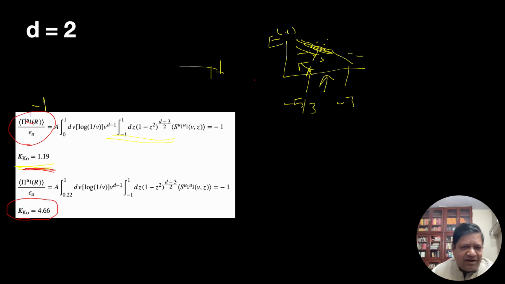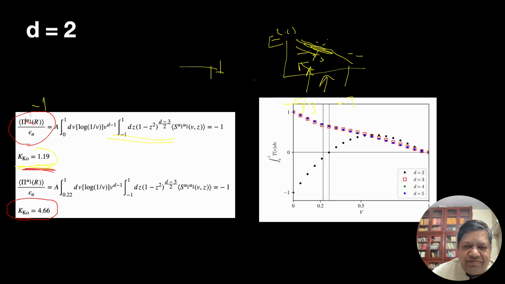So right now this procedure gives you 1.19 if I take 0 to 1. However, if I use my cutoff here, so if I use the lower wave number to be somewhere here, 0.22, then we get the Kolmogorov constant to be 4.66, which is okay, close to 6, though not quite 6.